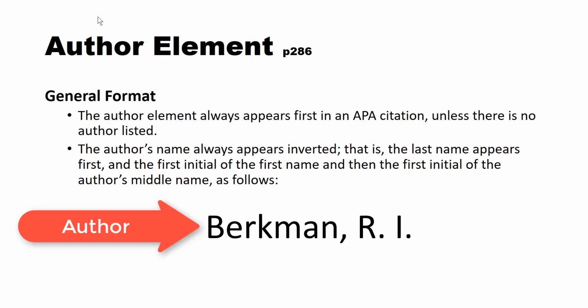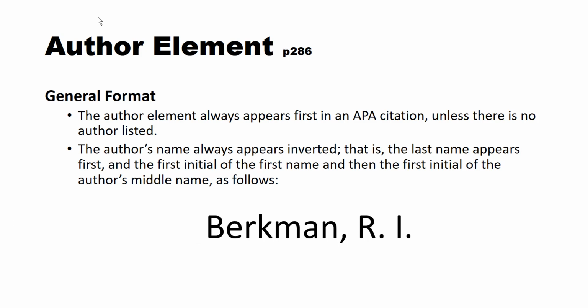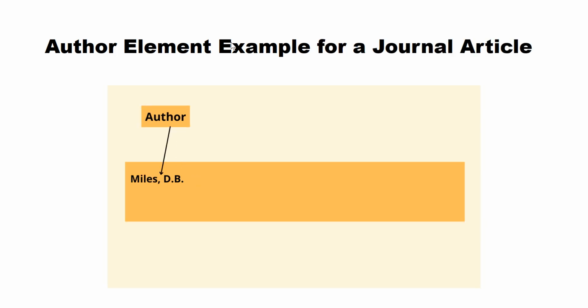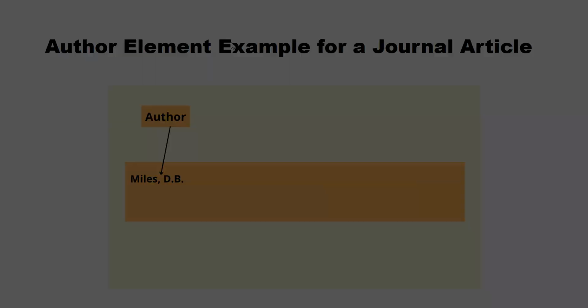So in the example we have Berkman, R.I. Berkman is the last name, R and I are the first and middle names. Now in our example, the book we had, Find It Fast, the author was R.I. Berkman. That's how it would be put in the APA style citation. Now for a journal article, it's the same thing. You have the name inverted and the first and middle initial there.